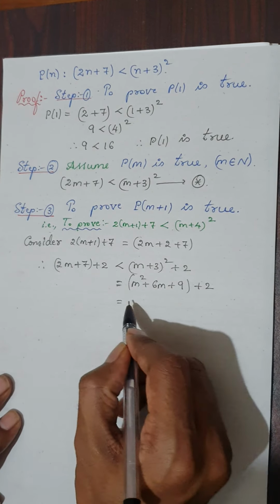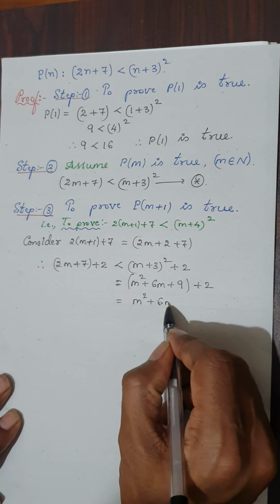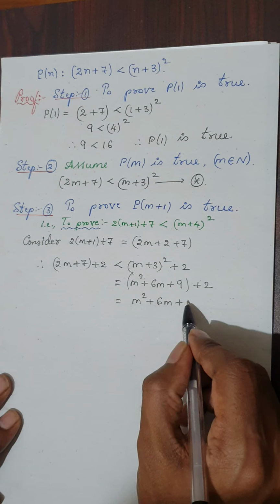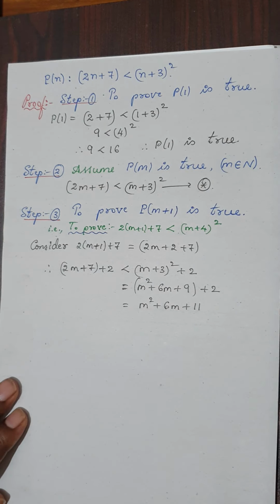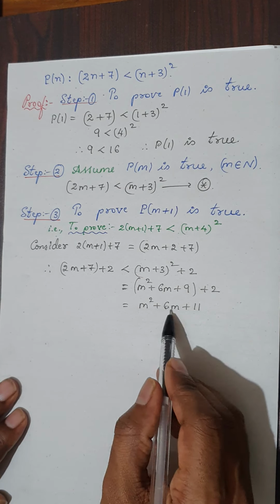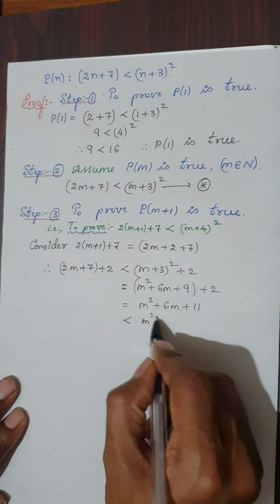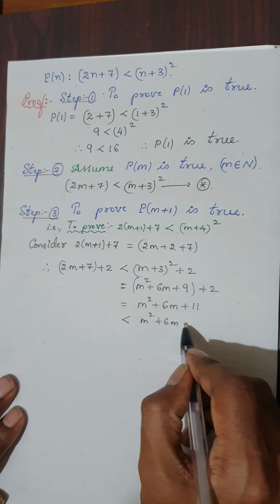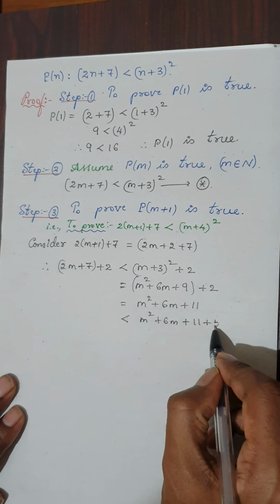So if you simplify this, you will get m square plus 6m plus what is 9 plus 2, that will give me 11. Is it clear? Now please note down this step. M square plus 6m plus 11 will be strictly less than m square plus 6m plus 11 plus 5.